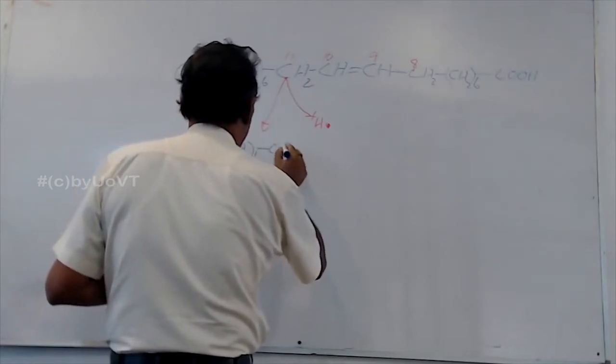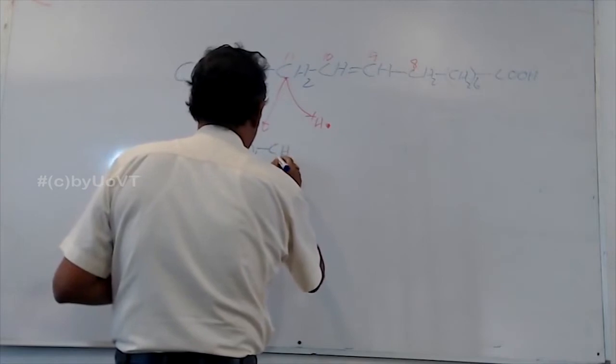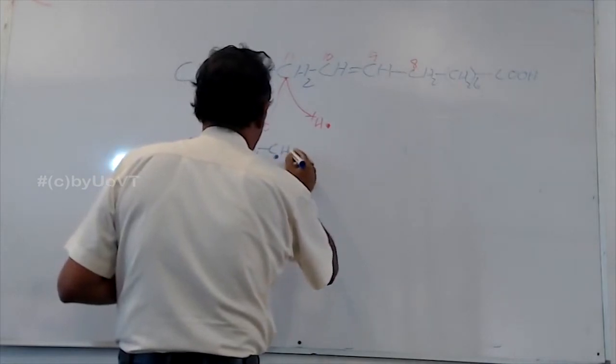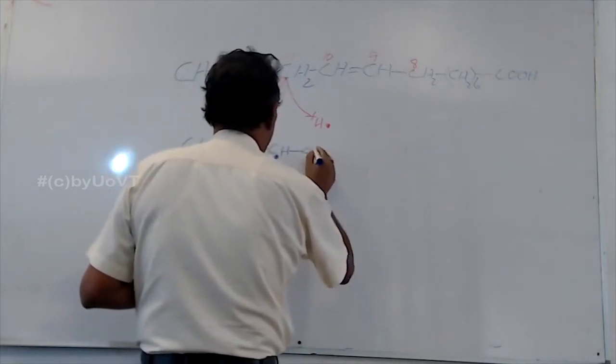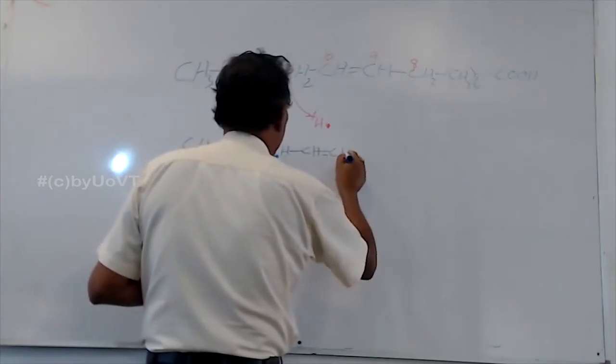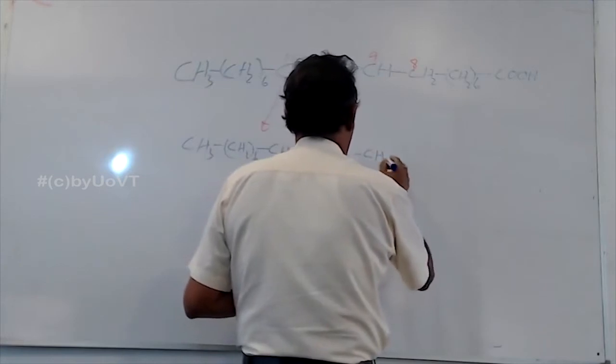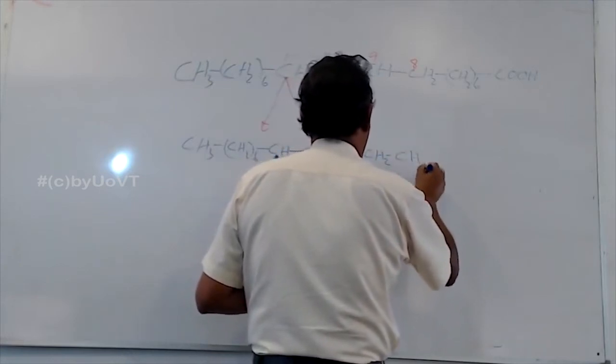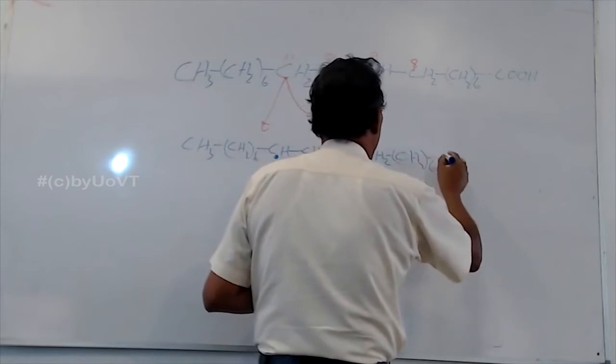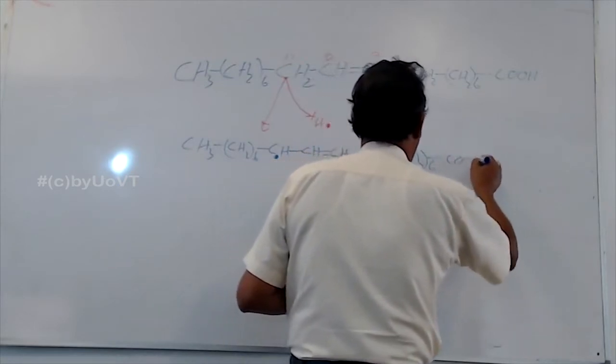Now this is not a CH2, it is CH, CH free radical, CH, CH, CH2, CH2 6 times, COOH. This is the process.